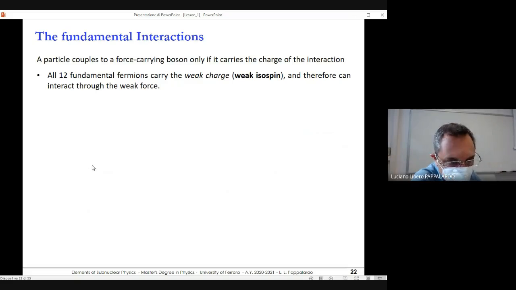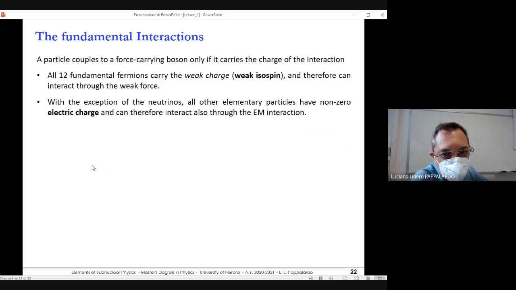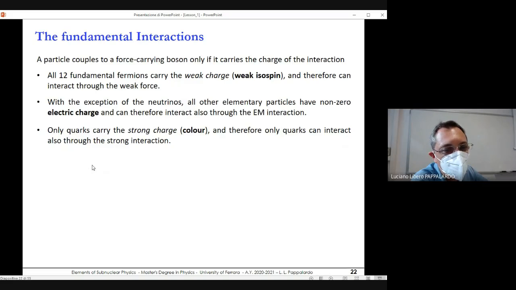With the exception of the neutrinos, which are electrically neutral, all the other elementary particles, the charged leptons and all the quarks, have a non-zero electric charge, so they can also interact through the electromagnetic interaction. And only quarks carry the strong charge that we already mentioned, which we call color, and therefore only quarks can interact through the strong interaction.